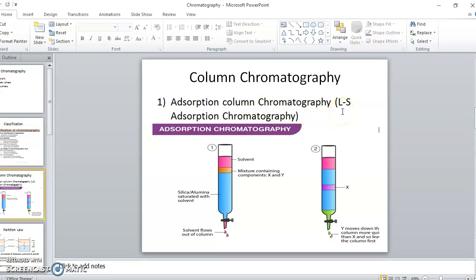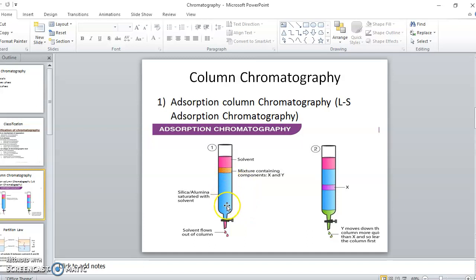It belongs to the class of liquid solid adsorption chromatography, which means the mobile phase is a liquid while the stationary phase is a solid. So let us start discussing adsorption column chromatography. First of all, we have to prepare the stationary phase.